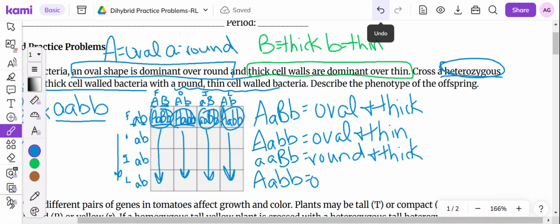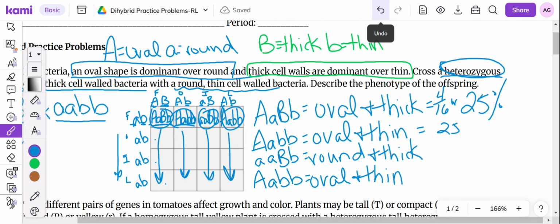And this one would be round and thin. Then we could say the probability of our offspring being these would be, since they're the same the whole way down our Punnett square, we would have 1, 2, 3, 4 boxes being this first phenotype. So that would be 4 out of 16, or 25%. And that would be the same for all of the rest of these phenotypes as well.